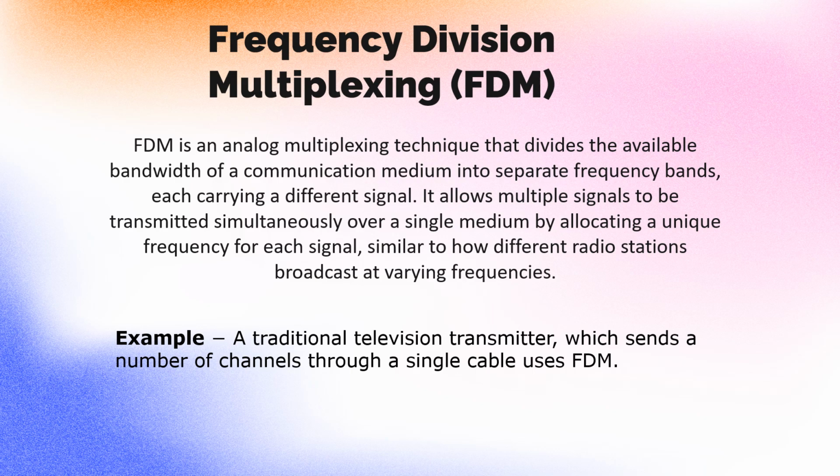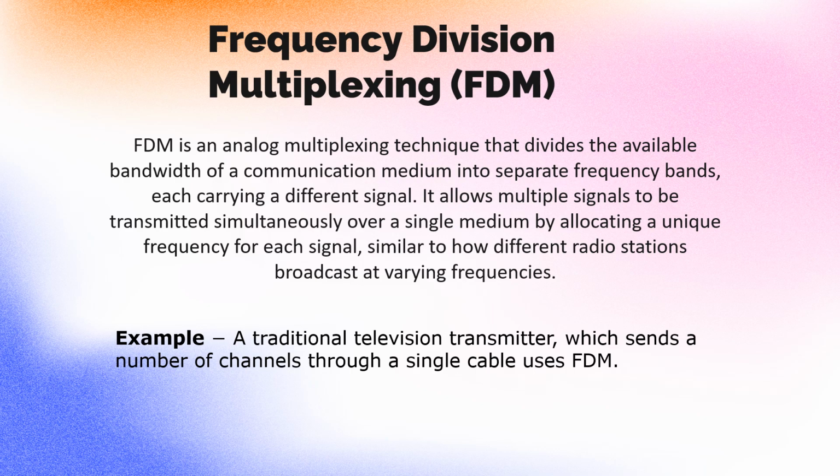It allows multiple signals to be transmitted simultaneously over a single medium by allocating a unique frequency for each signal, similar to how different radio stations broadcast at varying frequencies. So there is use of FDM.